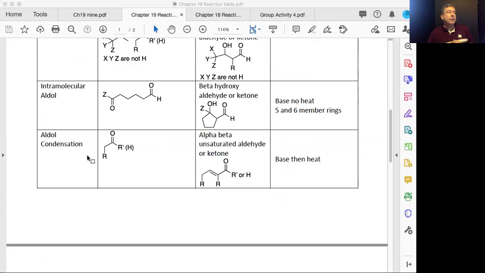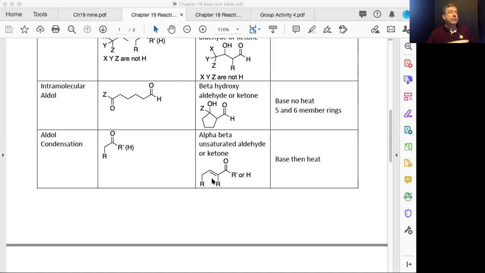And so in that case, we have the removal of an OH from that beta position and a hydrogen from the alpha position, giving us a conjugated, unsaturated aldehyde or ketone. It'll always try to form the conjugated form because the conjugated form is more thermodynamically stable.